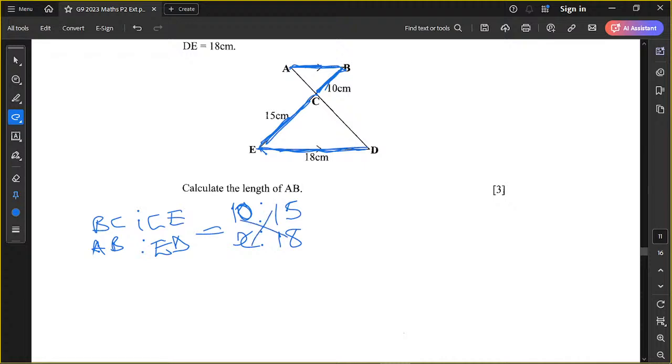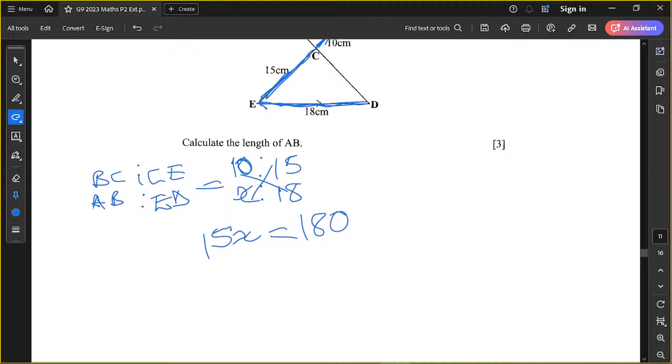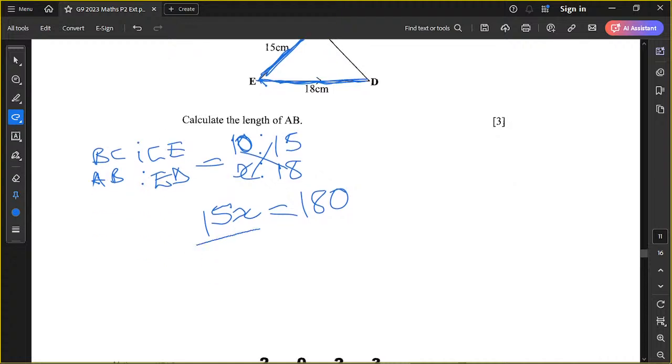So we have got something like this: 15x is equal to 180. We want to find the value of x, so we divide both sides by 15. We cancel 15 and this 15 here, leaving us with x.